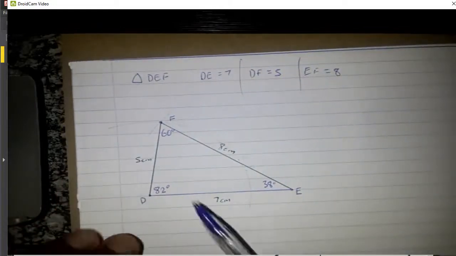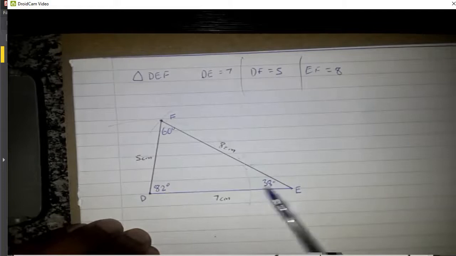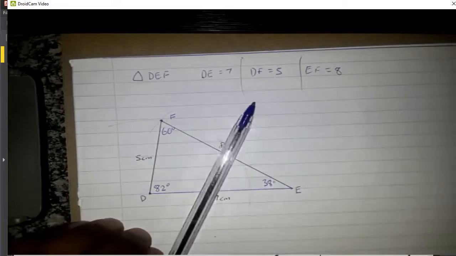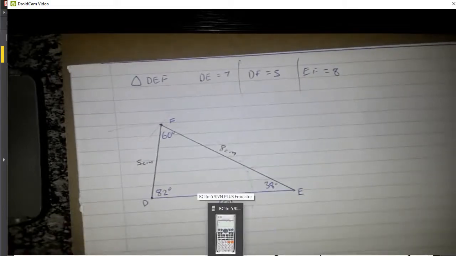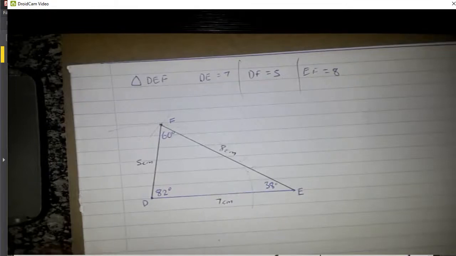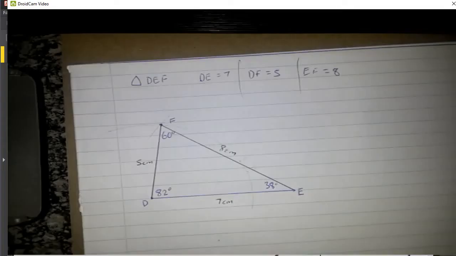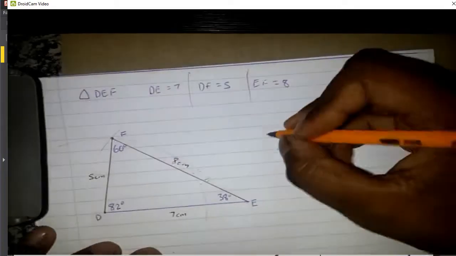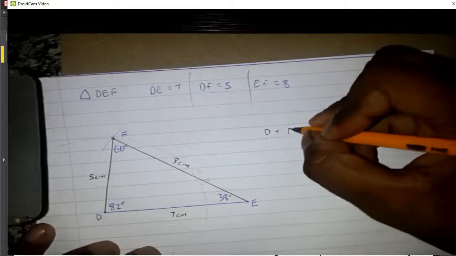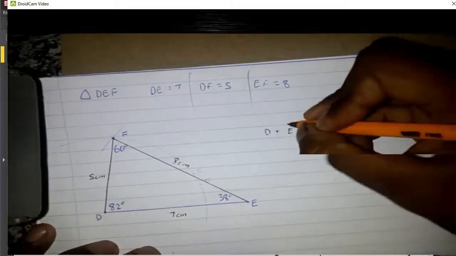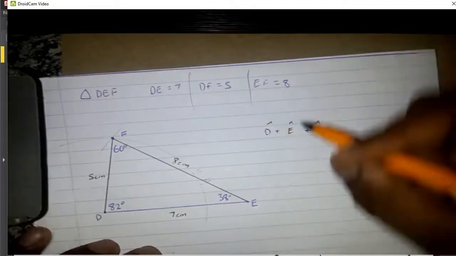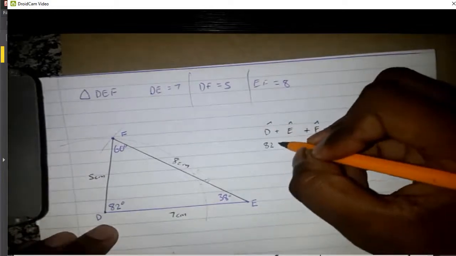All right, so we literally measured each angle, and we've got this information up on the screen. It's not up on the board, it's on the screen nowadays. Okay, let's go back here. Then they say calculate angle D plus E plus F. What do we notice? D, we got 82 degrees.